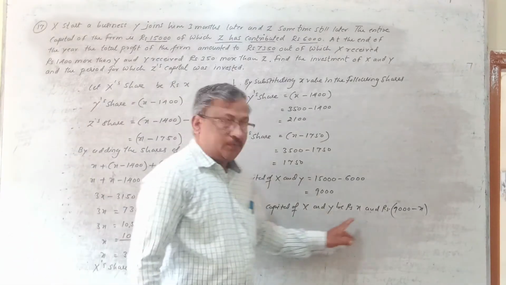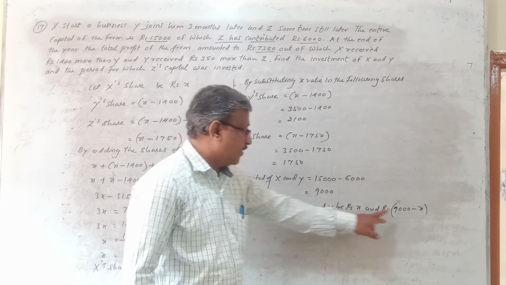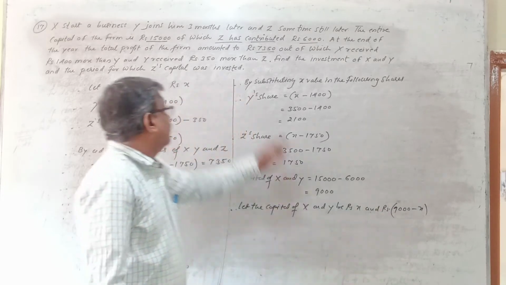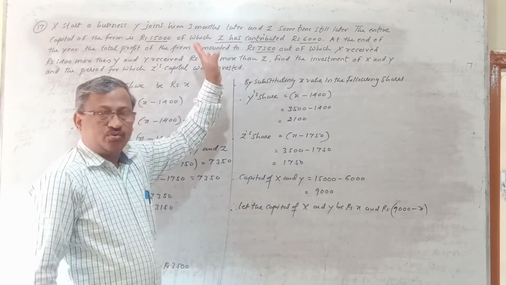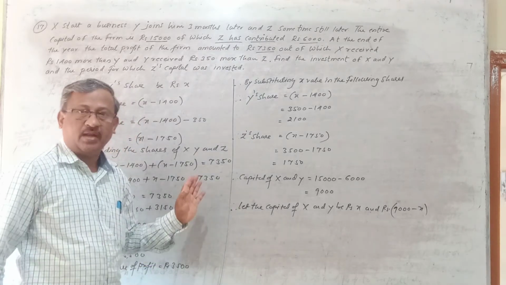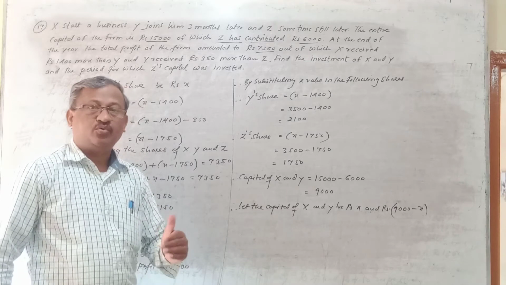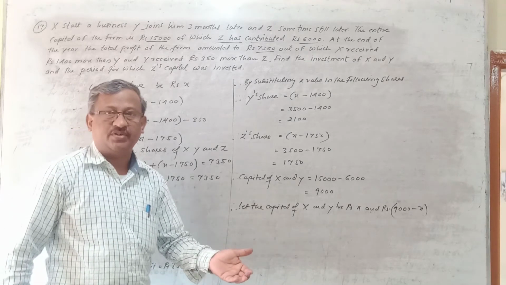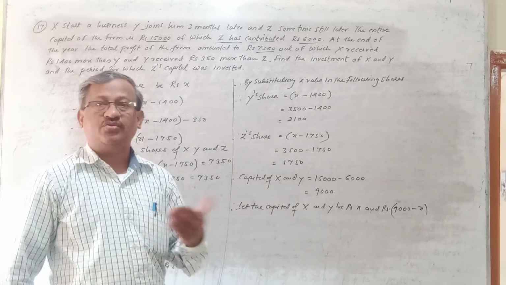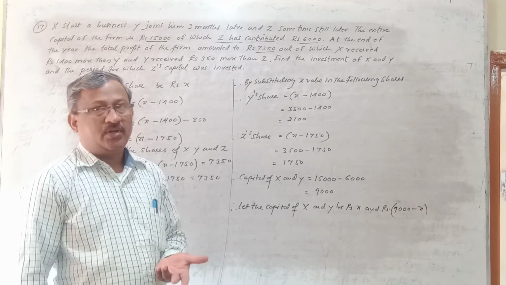So here x's capital I have assumed, y's capital is also known here. The times are also given in the problem, and the share of profit we have already calculated. So now we can use that equation. Which equation? Capital ratio is equal to profit sharing ratio, because always remember capital ratio is always equal to the profit sharing ratio.